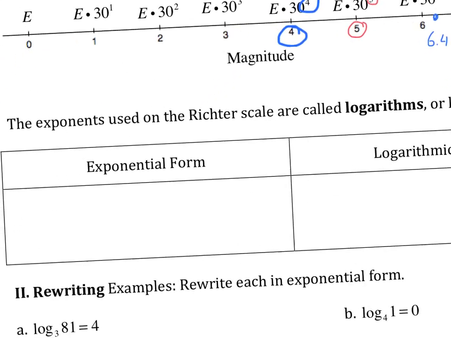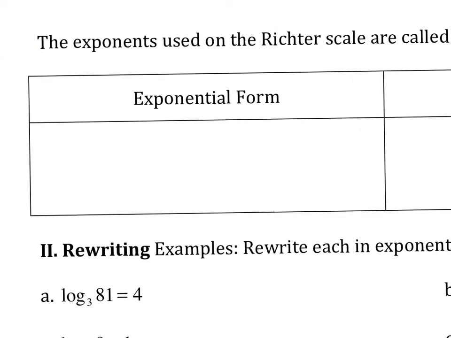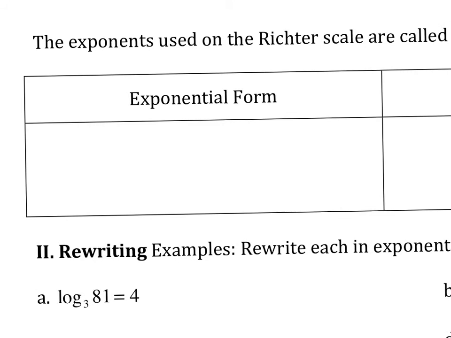So let's define something and look at exponential form. We're very familiar already with this, where we have a to the b power is equal to some number. So for example, we'll write this one out as 2 to the 4th power is 16. That's a true statement.